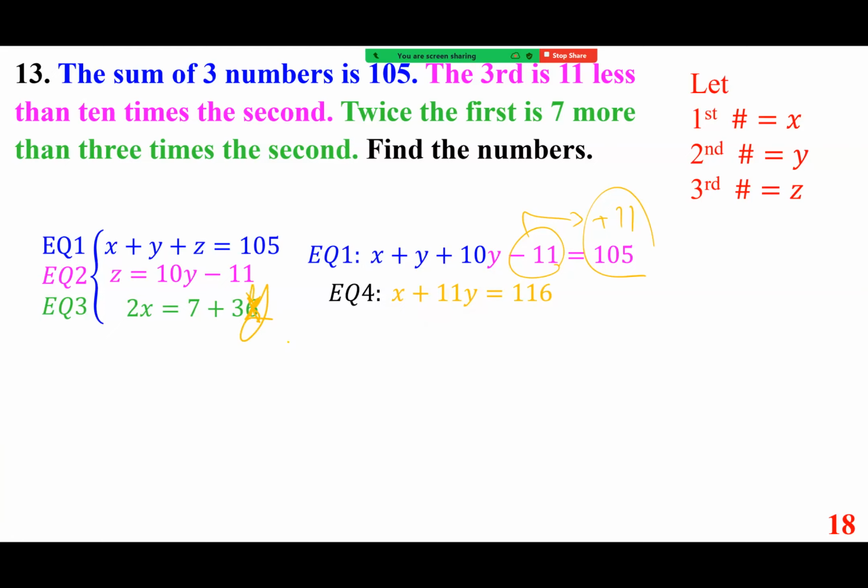So as you can see, the third equation also has Y. So we put equation number 3 and equation number 4 next to each other. And now we have a system involving 2 variables and 2 variables only. So we can solve, we can get rid of one of them.